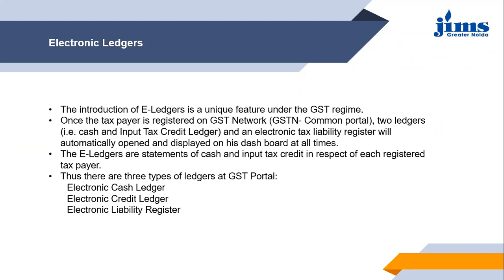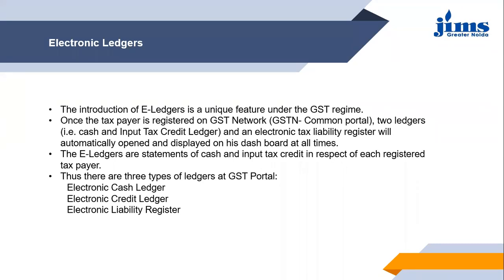So when this registration process is done and you have been allotted that registration number, that number will become your account, and that account will tell you each and everything about your GST compliances, and also you will be recognized by that number as a taxable person.